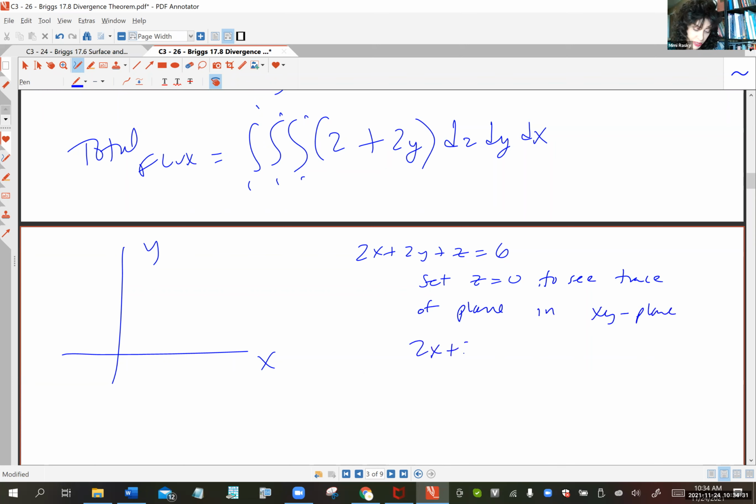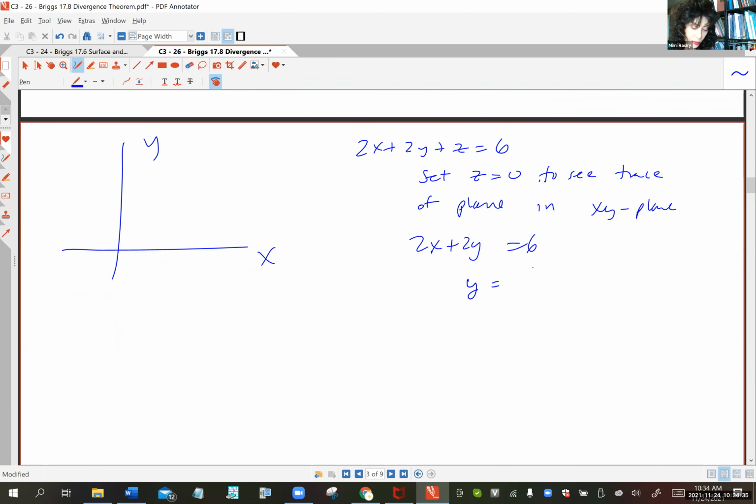So we get 2x plus 2y equals 6. Solve this for y. I get y equals (6 minus 2x) over 2. If we reduce, that's 3 minus x. So it turns out that the trace is that guy right there. And we're in the first octant, which means we're in the first quadrant here in the xy plane.